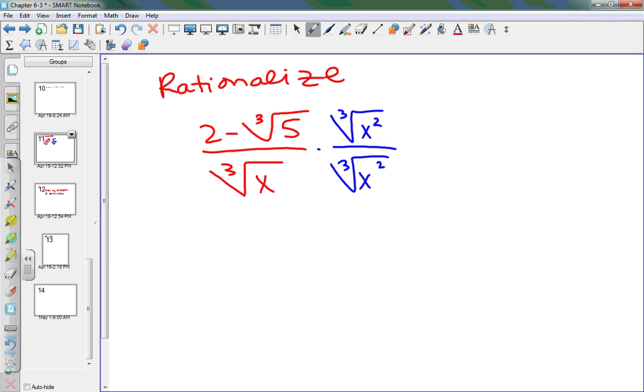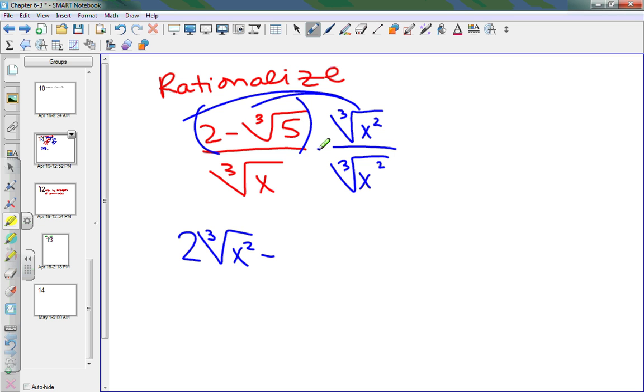So I'm going to put parentheses around this because this is the head of the body, the binomial. Everywhere the 2 goes, the minus the cube root of 5 tags along with it, right? So I distribute. I'm going to have 2 times the cube root of x squared minus, are my indexes the same?